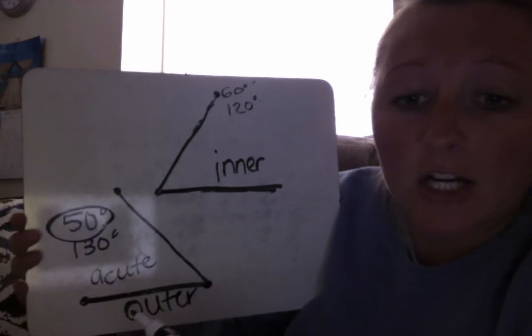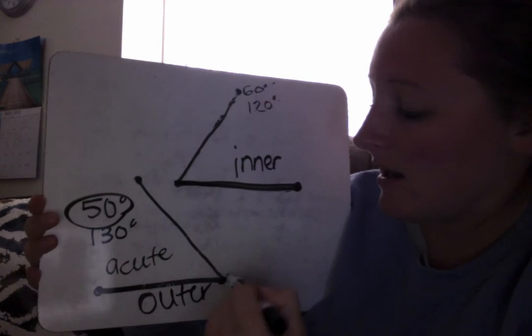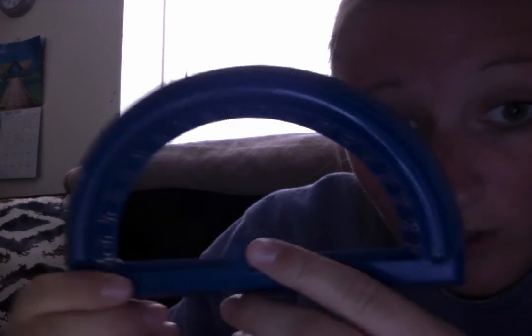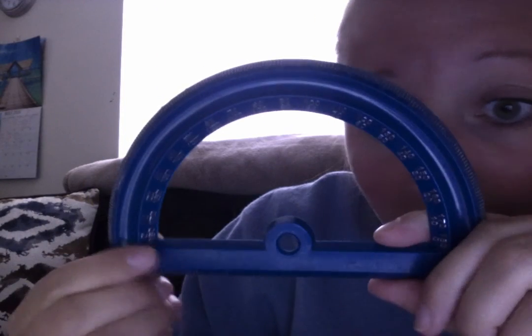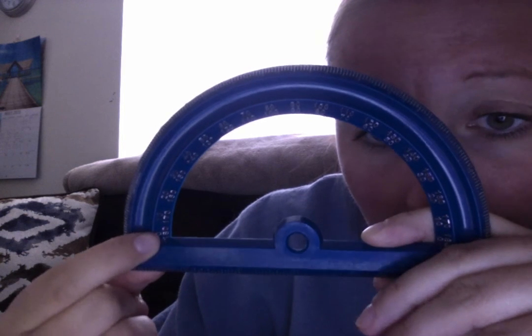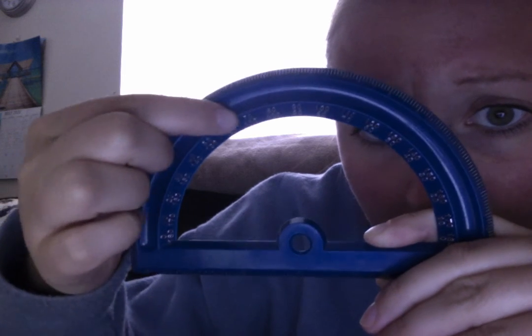It matters which scale you use based on the baseline being matched up to 0. So that's why on the worksheet I ask for you to use your fingers, because I really want you to take your finger when you're trying to figure out the angle and say, oh, the baseline's over here, so I'm going to start at 0, 10, 20, 30, 40, 50, 60, 70, 80, 90, and so forth.